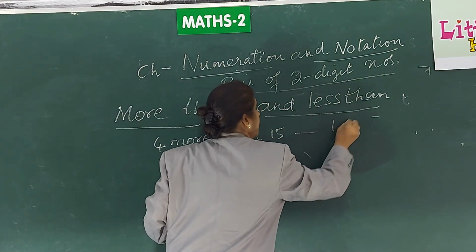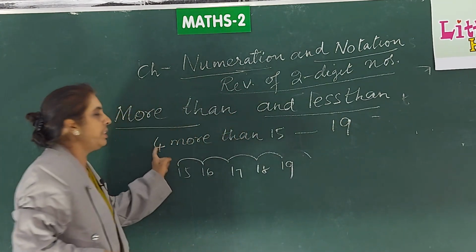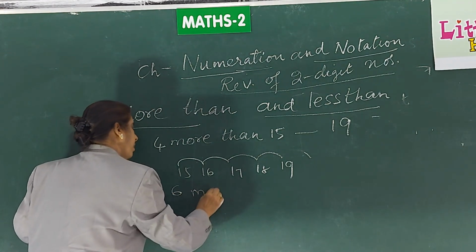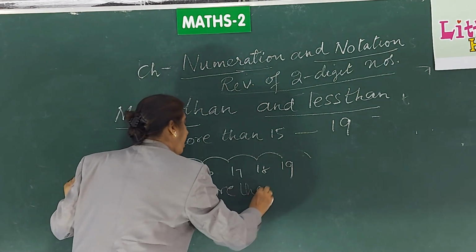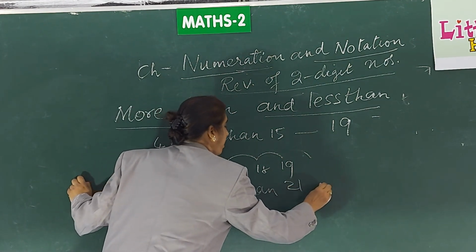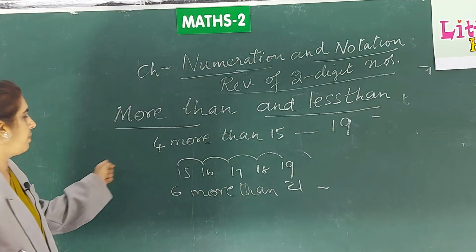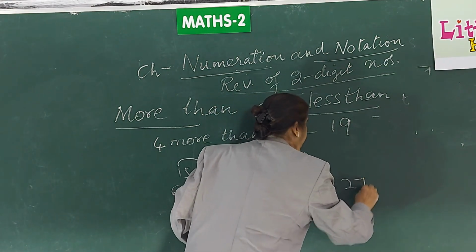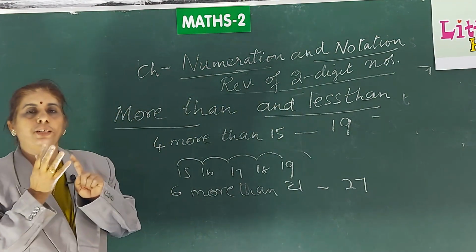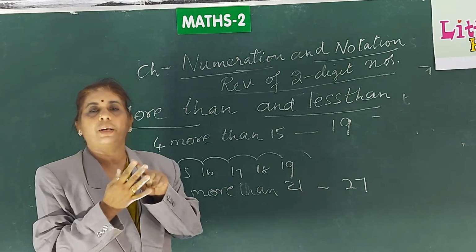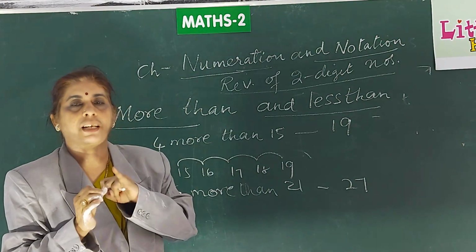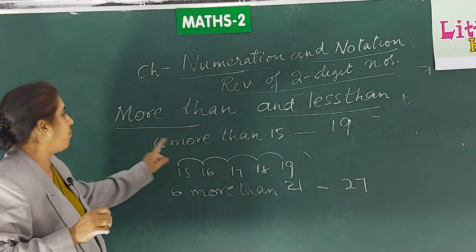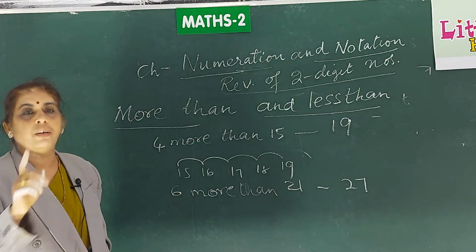That is 19. More than means you have to count forward. 6 more than 21. So 6 steps after 21, that is 27. Forward counting: 22, 23, 24, 25, 26, 27. So when you have to add, you have to count forward. More than means forward counting.